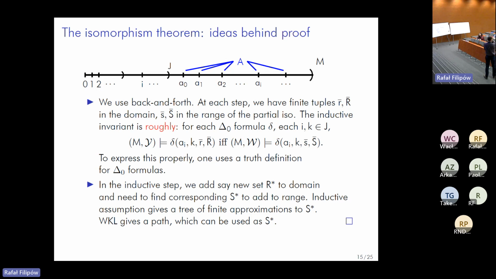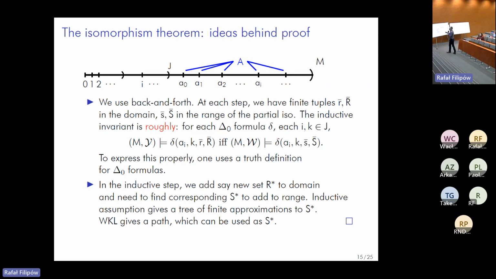So there's a binary tree of approximations to the set you're looking for, and weak König's lemma tells you if you have arbitrarily good finite approximations, you have a path through that tree. That's your set S star. So that's how you get your object to add to the range, and that's where weak König's lemma appears.